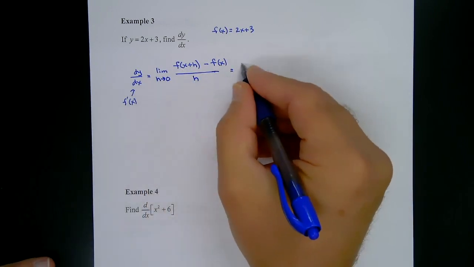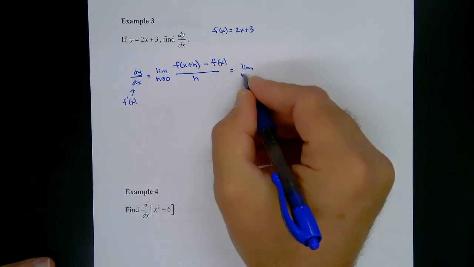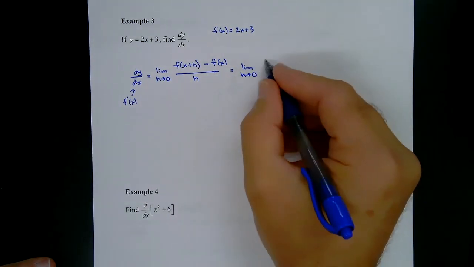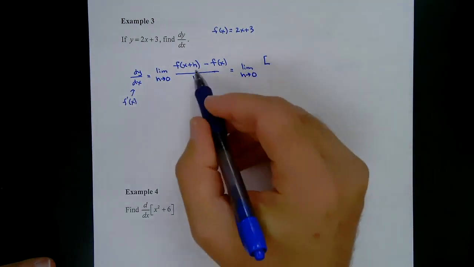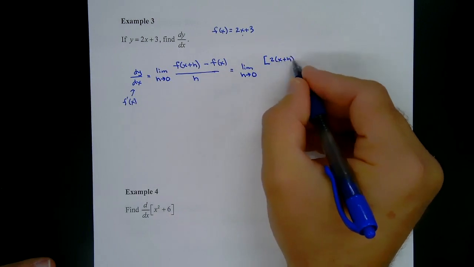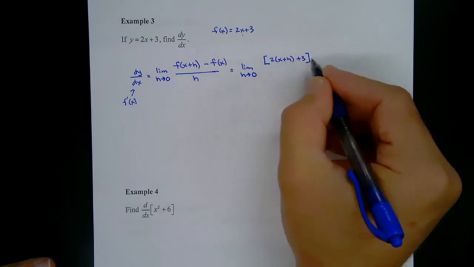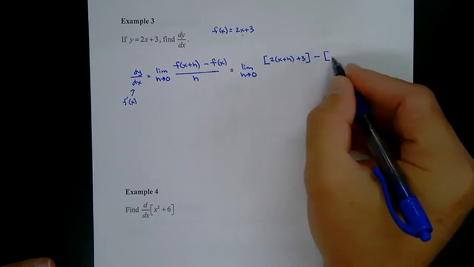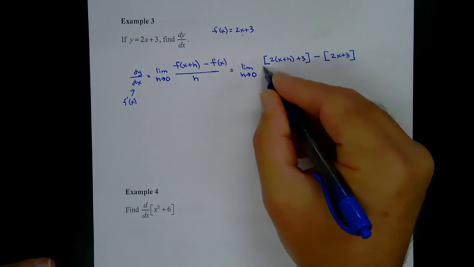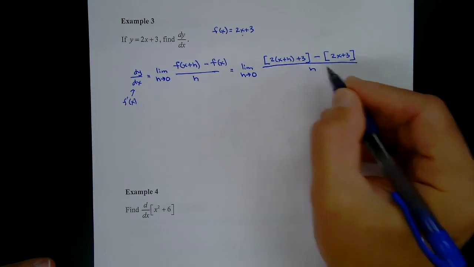Okay, so this becomes the limit as h approaches 0 of, and I'm going to use a bracket here, I'm going to put x plus h in here. So this would be 2 times x plus h plus the 3 minus f of x, which is 2x plus 3, all over h.